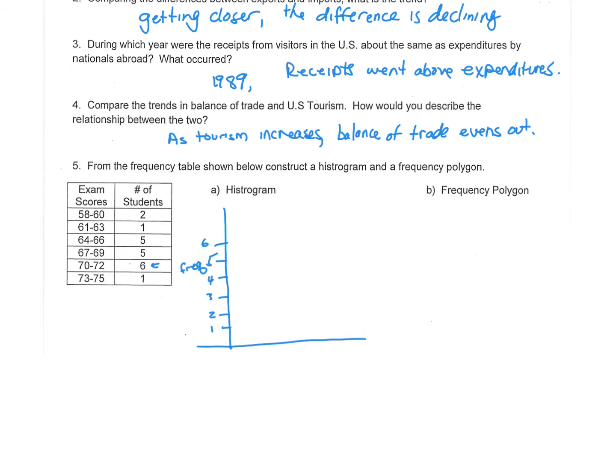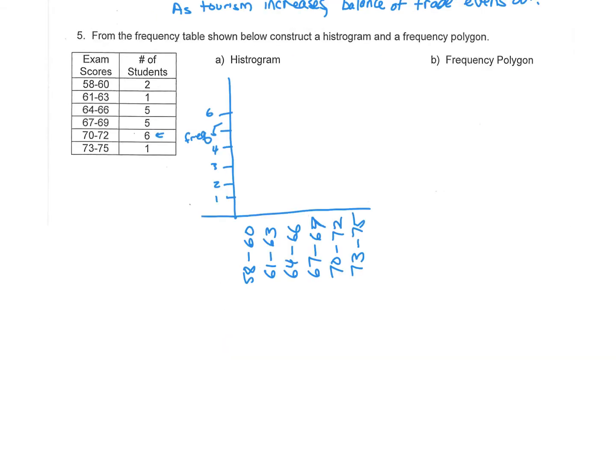And then for the values, we have values between 58 and 60. So there's our values. For the first bar, it's going to go up to 2. Then a frequency of 1. Then a frequency of 5.